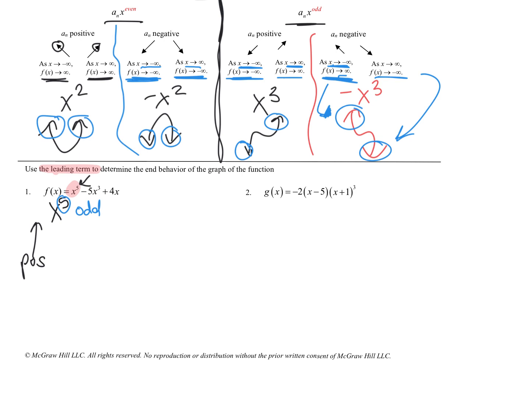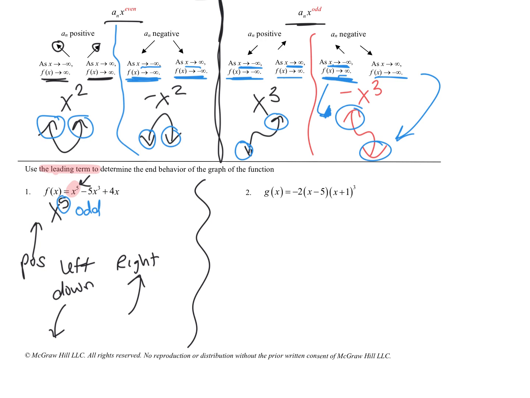So what happens is on the left, our graph will go down, and on the right, our graph will go up or rise.